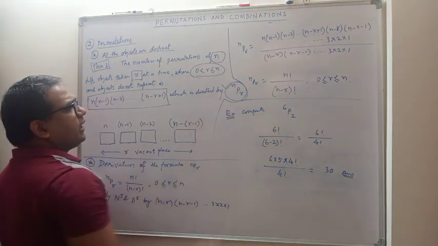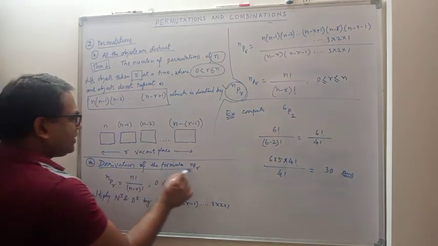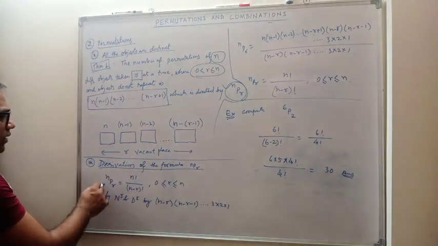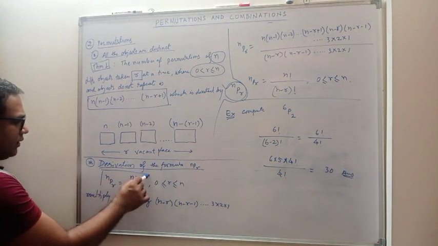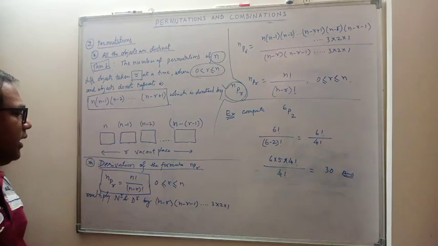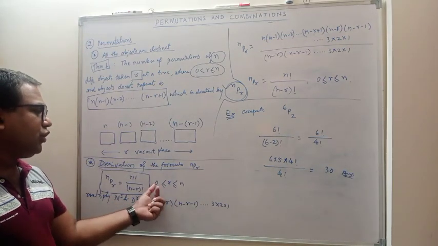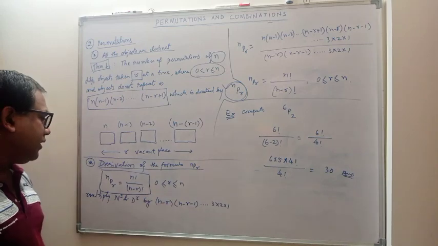So this is nPr, and in the derivation of the formula we'll see that nPr is n factorial divided by n minus r factorial, where r is between 0 to n, where 0 and n both are included.